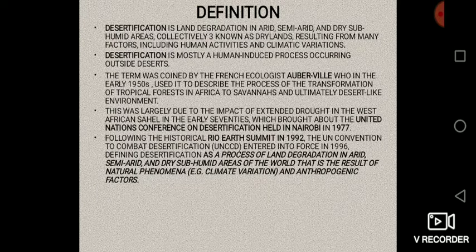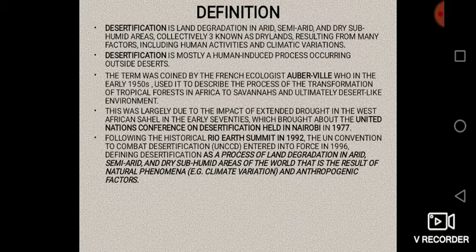The term was coined by the French geologist Auberville, who in the early 1950s used it to describe the process of the transformation of tropical forests in Africa to savannas and ultimately desert like environment. The United Nations Conference on Desertification was held in Nairobi in 1977.